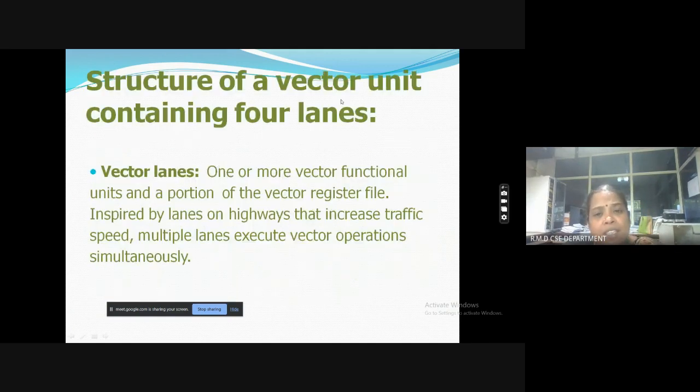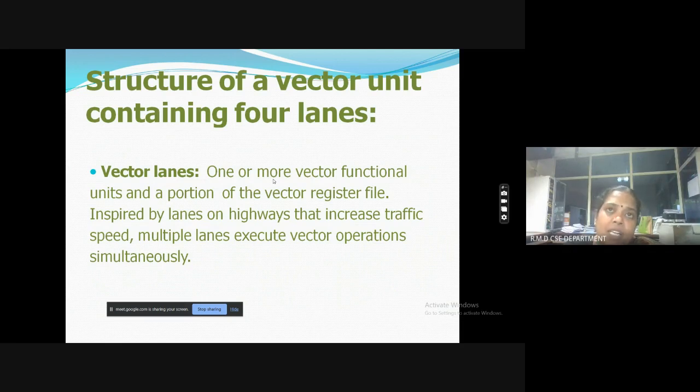The structure of a vector unit consists of 4 lanes. A vector lane has one or more vector functional units and a portion of the vector register file. It is inspired by lanes on highways and traffic signals. Multiple lanes execute vector operations simultaneously.